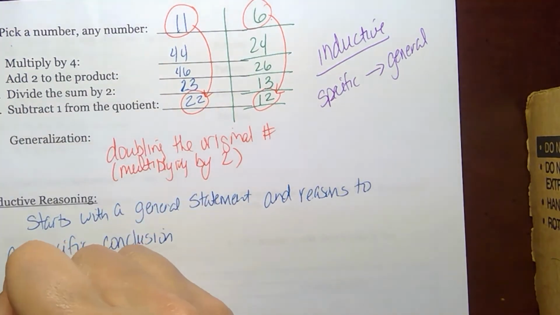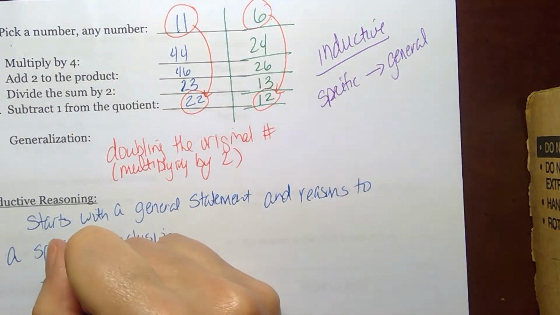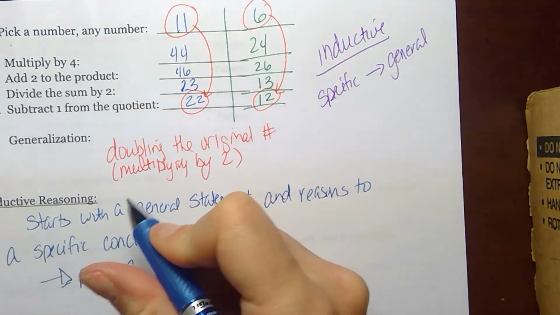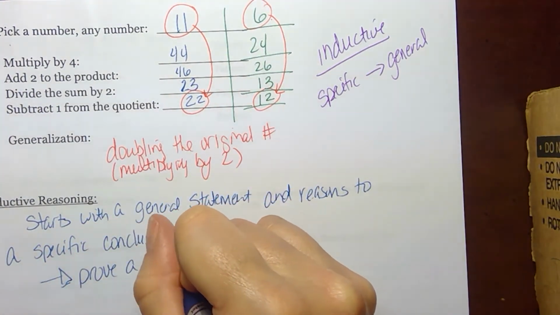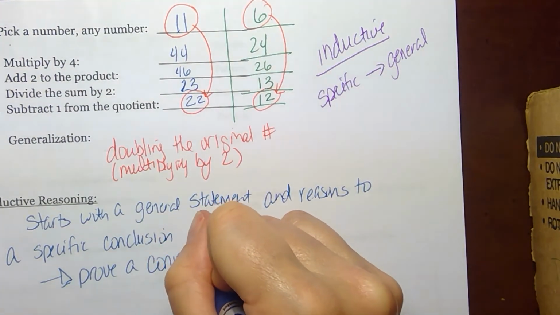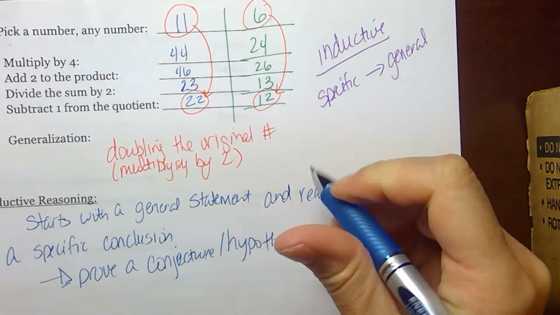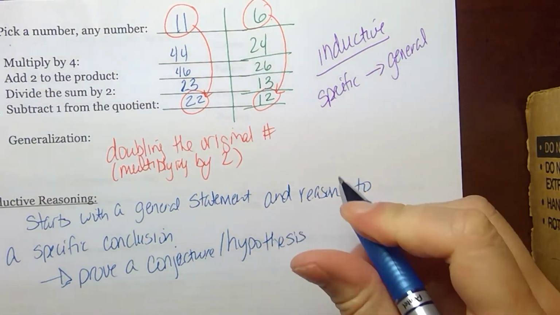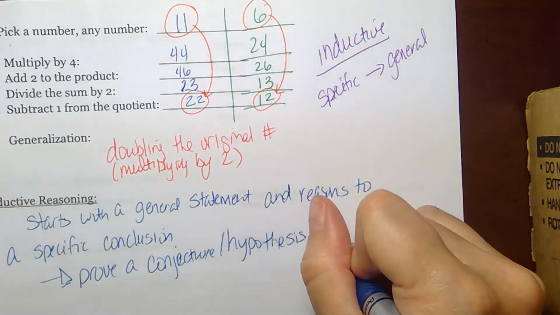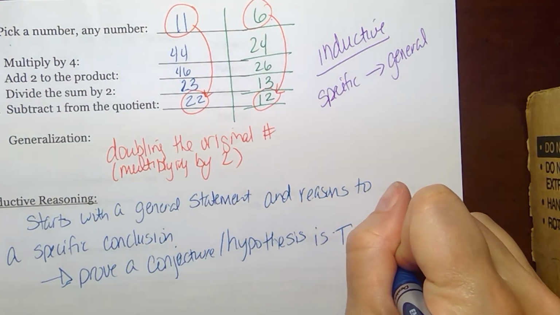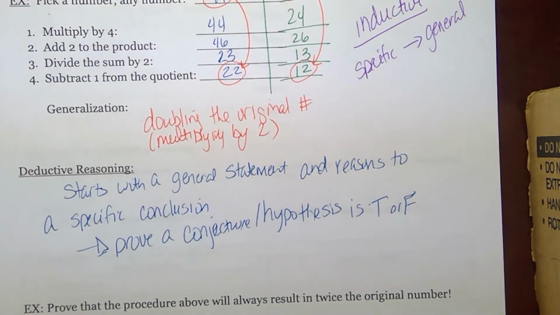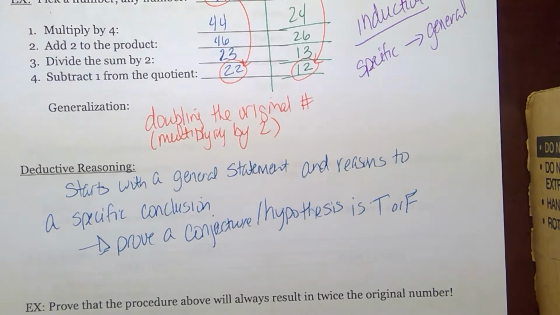Now, we use this when we want to prove something. We want to prove that our conjecture or our hypothesis is true or false. I have to use deductive reasoning because remember we said that you cannot prove inductive reasoning. It would just take one counterexample to show it false.